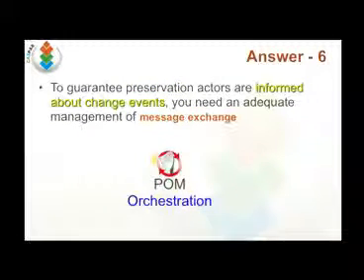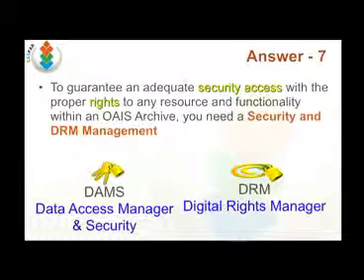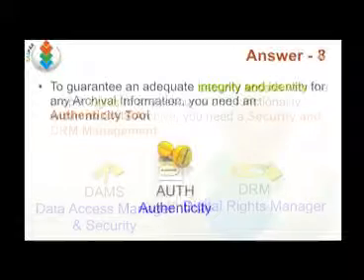And in order to guarantee the preservation actors are informed about change events, you need an adequate management of message exchange, and the orchestration manager is the solution. To guarantee an adequate security access with the proper rights to any resource and functionality within an OAIS archive, you need a security and DRM management, so the data access manager and security and the digital rights manager are the two solutions provided from CASPAR.